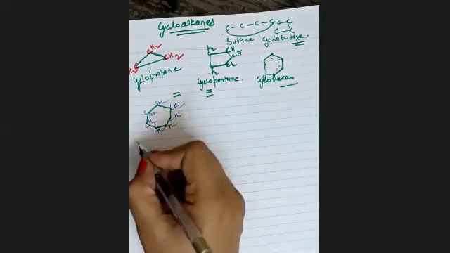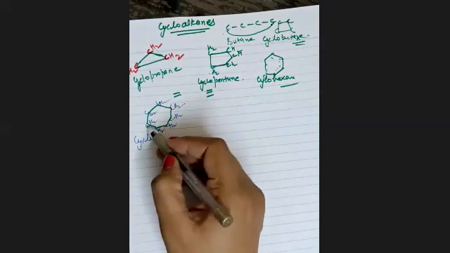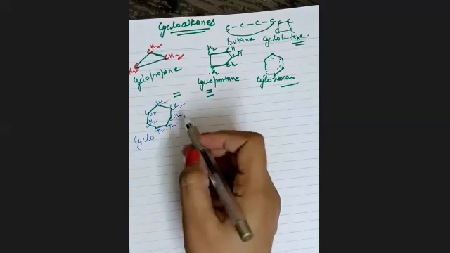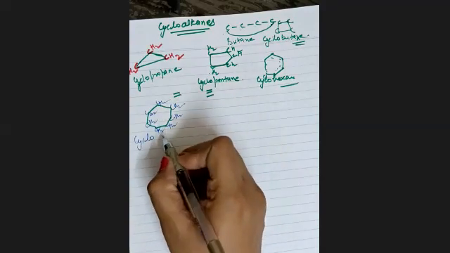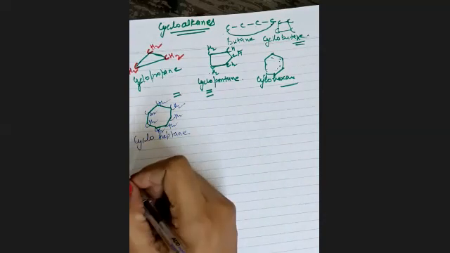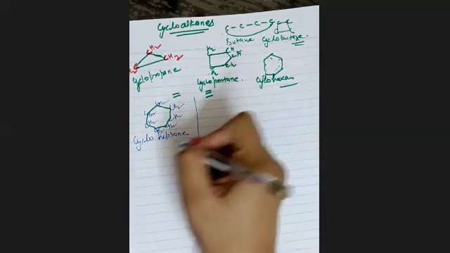The nomenclature will be cyclo 1, 2, 3, 4, 5, 6, 7. 7 means, what do you mean by 7? This will be cycloheptane. Clear? Okay.